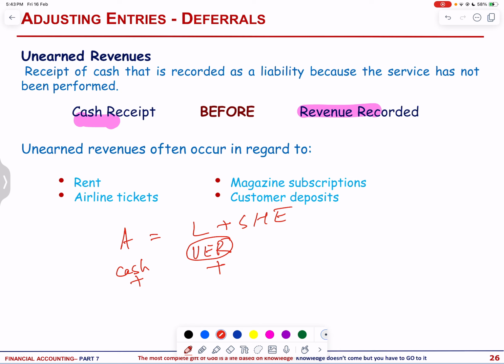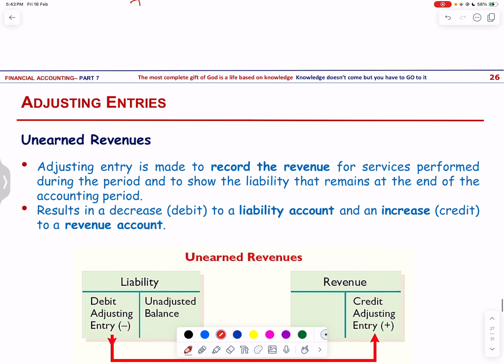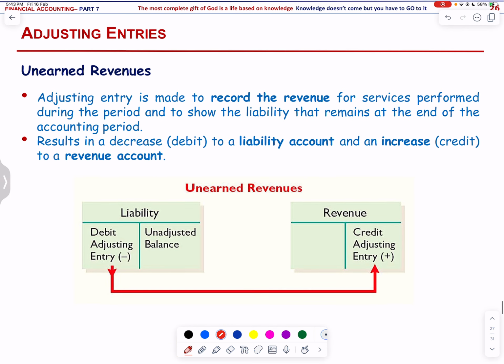So when we make the adjustment for unearned revenue to update, this will obviously decrease the liability, and a decrease in liability is debit, and the revenue is going to increase once we have given the service, so revenue is going to be credited. So this is what we have to do, and let us look into an example.